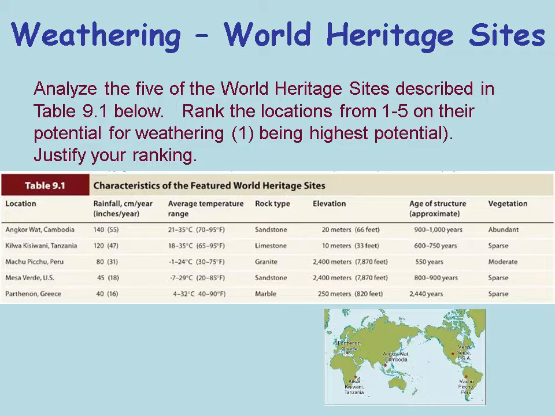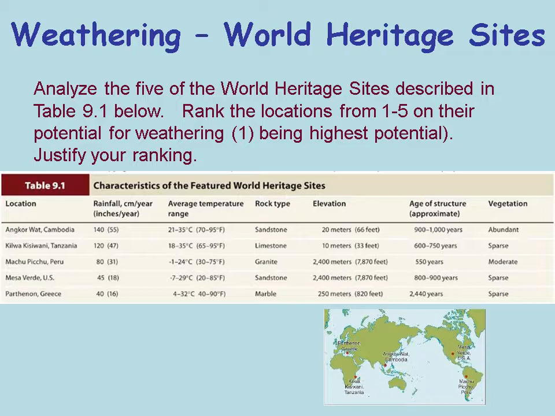I probably should have gone back and looked at the rock type for each of these. Sandstone in Cambodia, Angkor Wat sandstone, that would have lots of pores in it, so that would even increase the weathering. Kisiwani in Tanzania is limestone. It would have fractures.